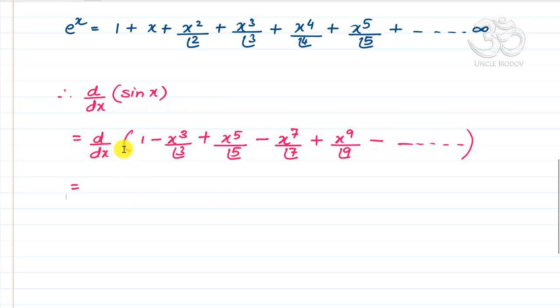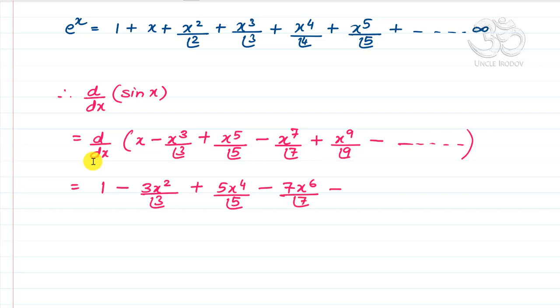So how much is d by dx of the first term, x? It is 1. Then the next term, correct, and then you will have 9x power 8 by 9 factorial and minus and so on.